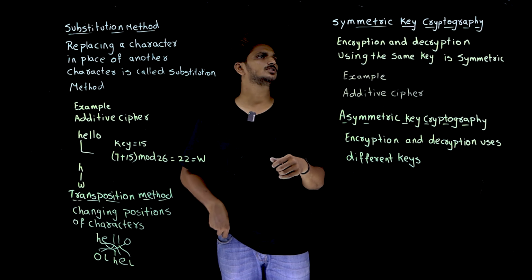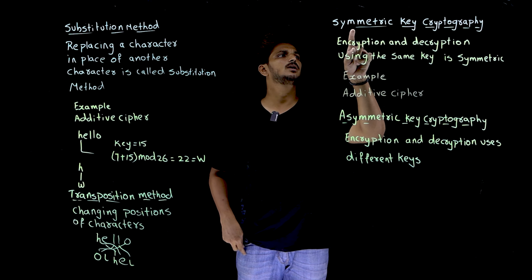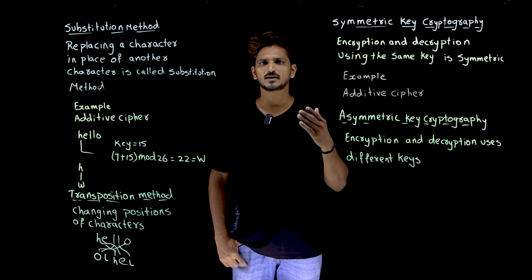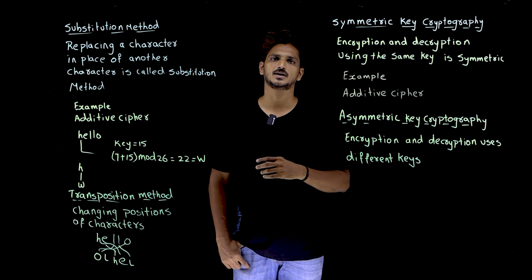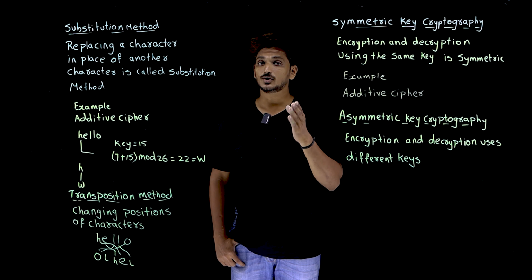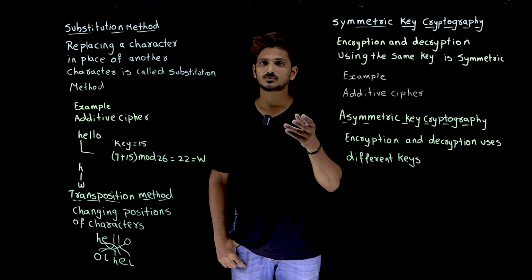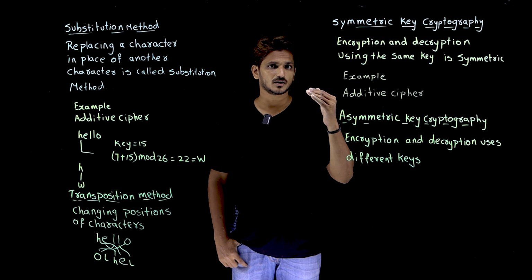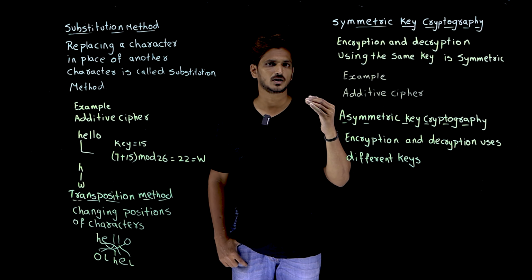Coming to the first term, we are going to use symmetric key cryptography. What does symmetric key cryptography mean? In our additive cipher, the key value which we used is 15. Key is equal to 15. During the encryption, we used key equal to 15.